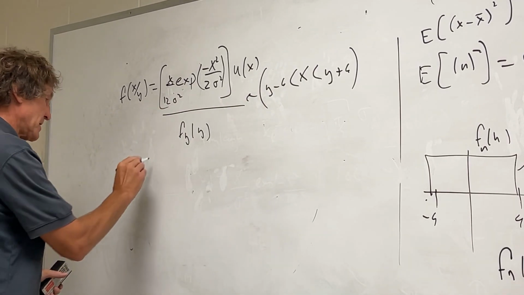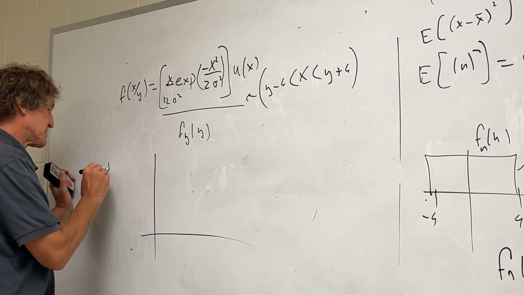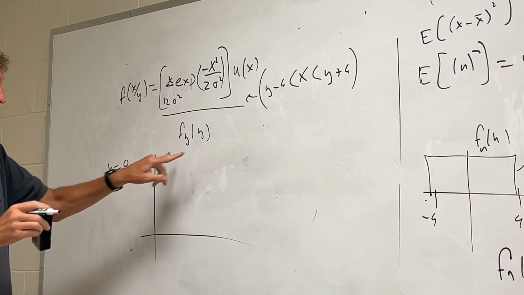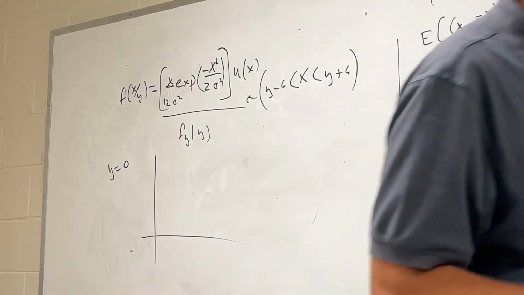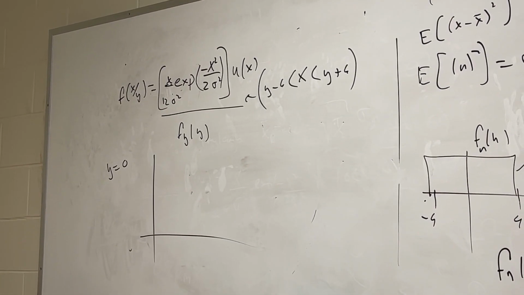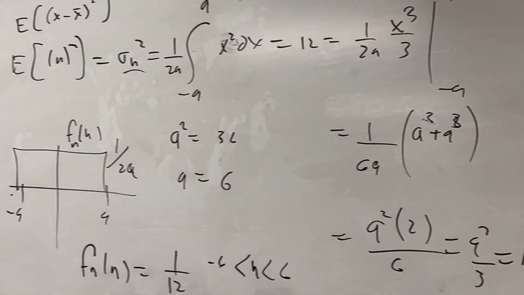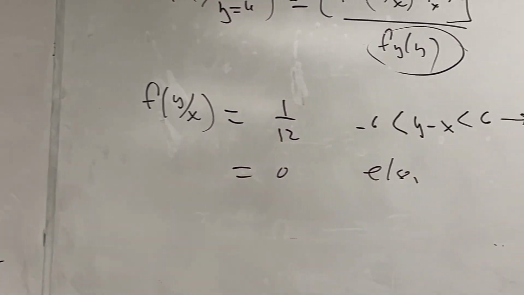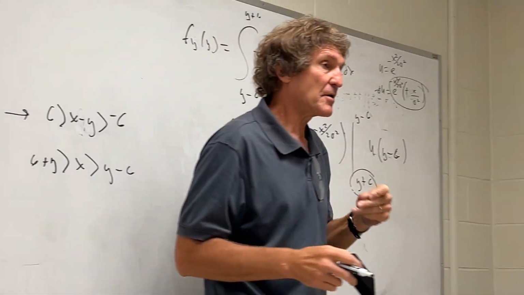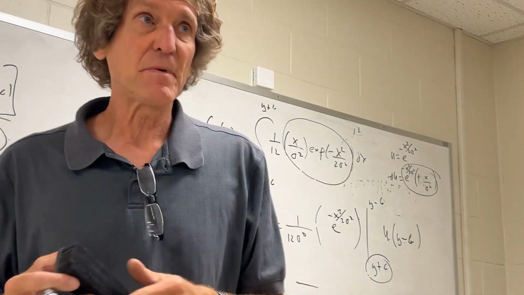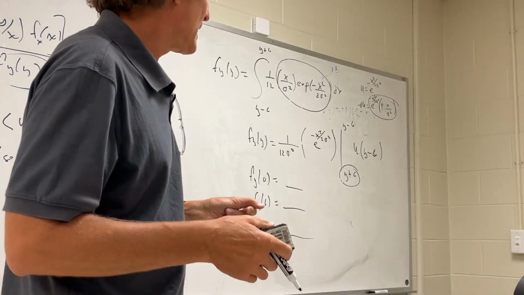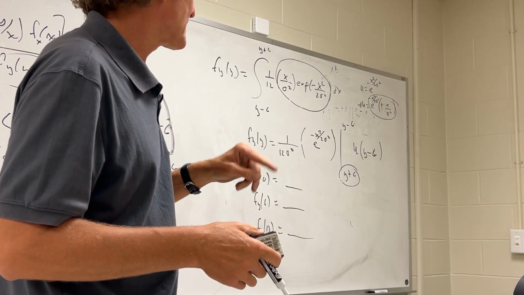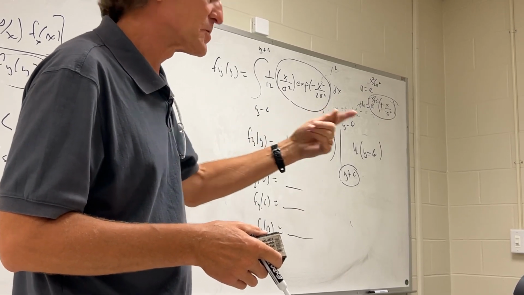So for the first one, for y equals 0, here you're going to evaluate f of y over here. There'd be a minus 6 there, but you put it in there, you're going to get 1 minus e to the minus 6 squared over 2 sigma squared.